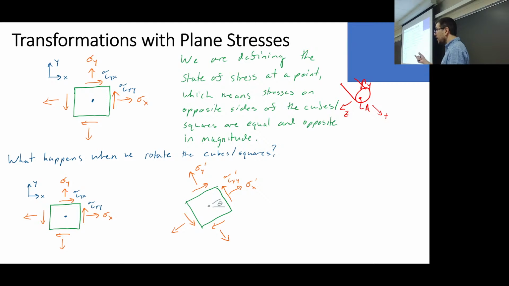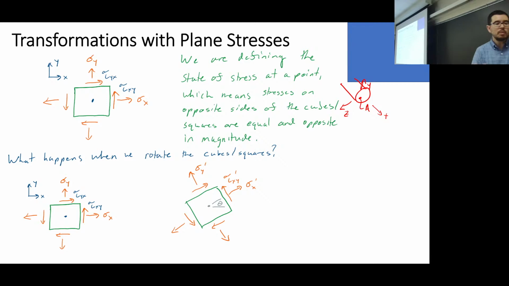Because sigma x times whatever the small dA might be would lead to a force, which would lead to acceleration. Or a tau xy times a dA times a radius, or a delta x over 2, would lead to an angular acceleration if it was not balanced appropriately.